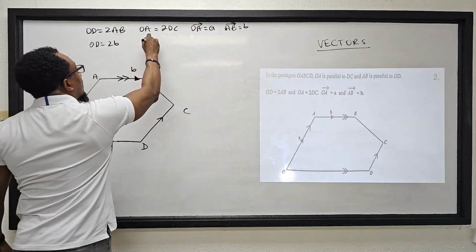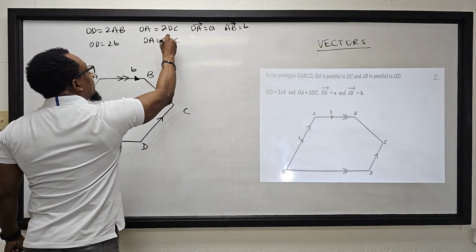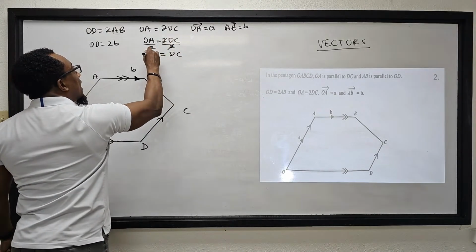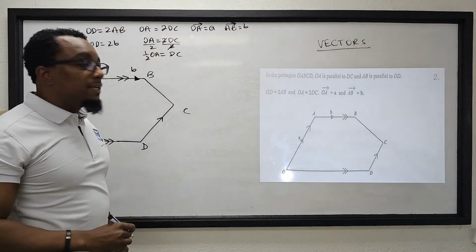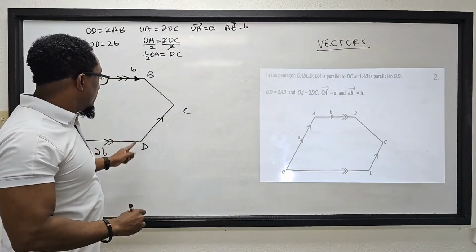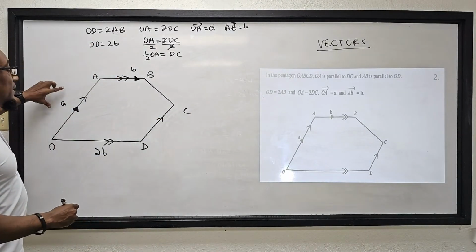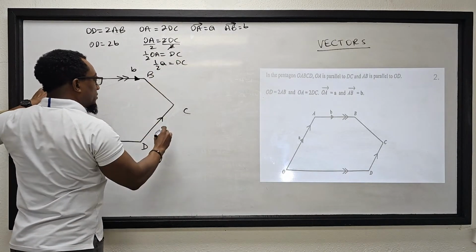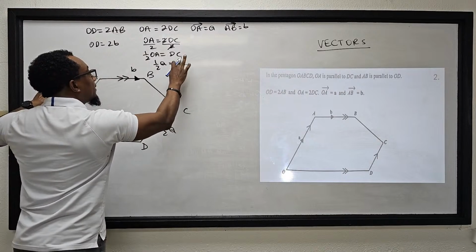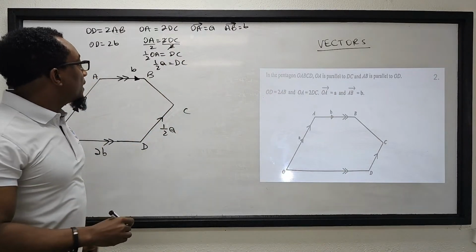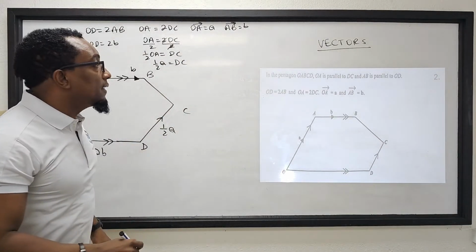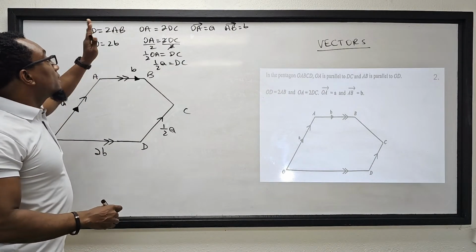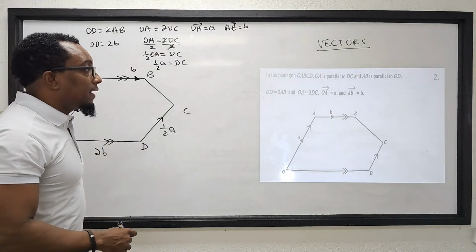If you divide both sides by 2, these 2's will cancel out. DC is a half of OA. OA over 2 is the same as a half of OA. So DC is a half of this vector OA. So DC is a half A. It's important information here. So it's good to use the information given to assist you and place the information on the diagram. So don't ignore the information given, alright?